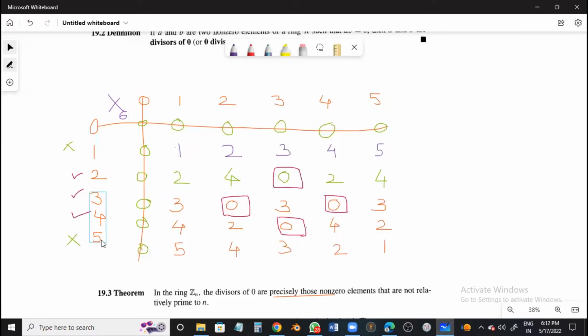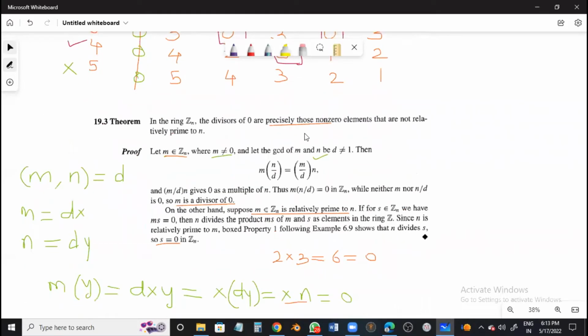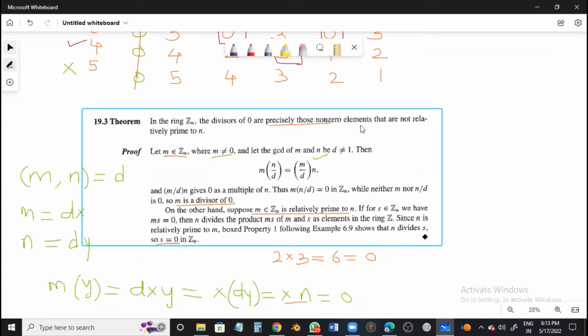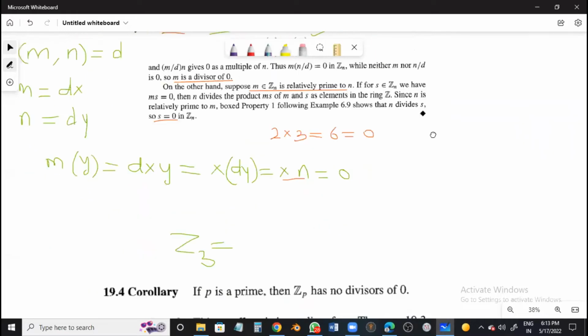And if we see in case of 5, 5 and 6 are relatively prime, so 5 is not a 0 divisor. 1 and 6 are relatively prime, 1 is not a 0 divisor. So I hope it underlines the fact that precisely those non-zero elements are 0 divisors which are not relatively prime to n. So let us now proceed.